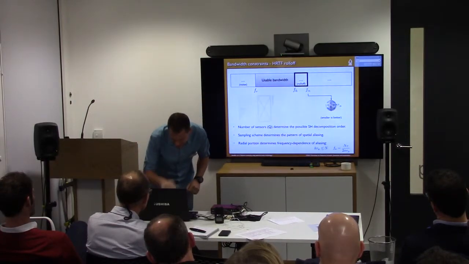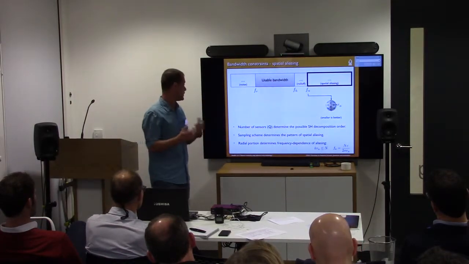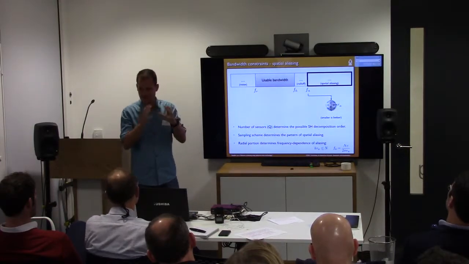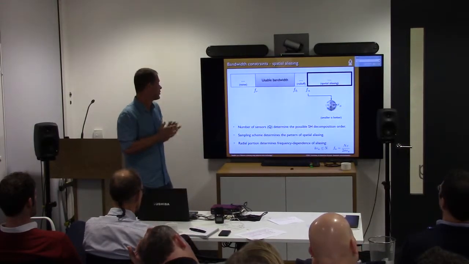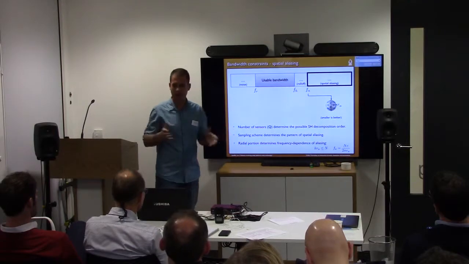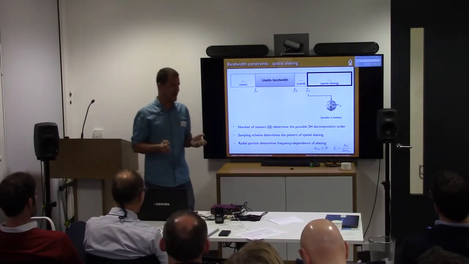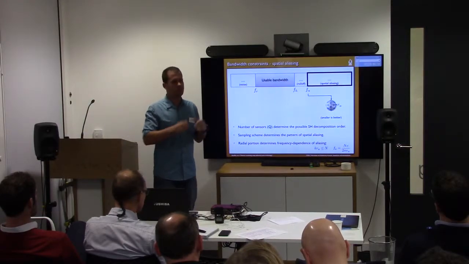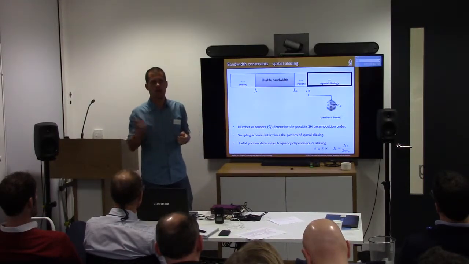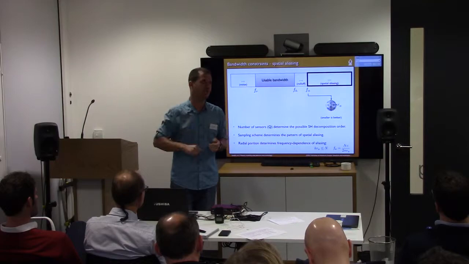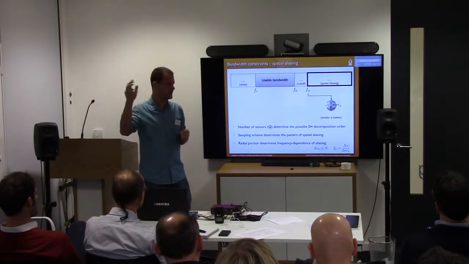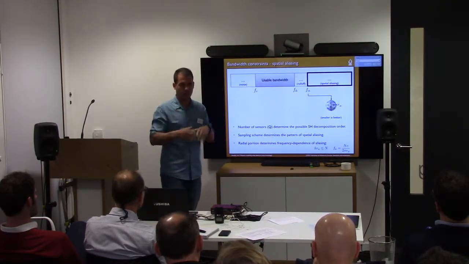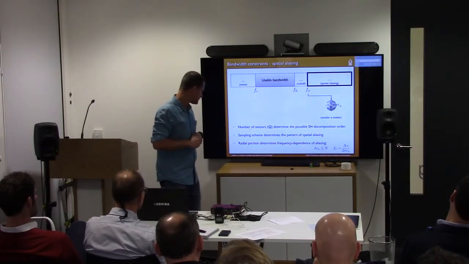However, here comes the last part, which is spatial aliasing. The number of sensors on our array determines the possible spherical harmonics decomposition order, and that really depends on the specific sampling scheme that we use. We can have anywhere between 1.3 to 4 times (N+1) squared microphones for order N spherical harmonics.